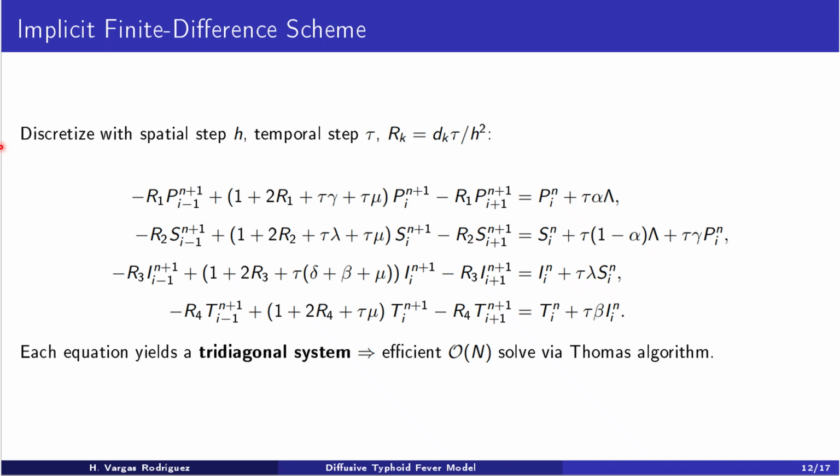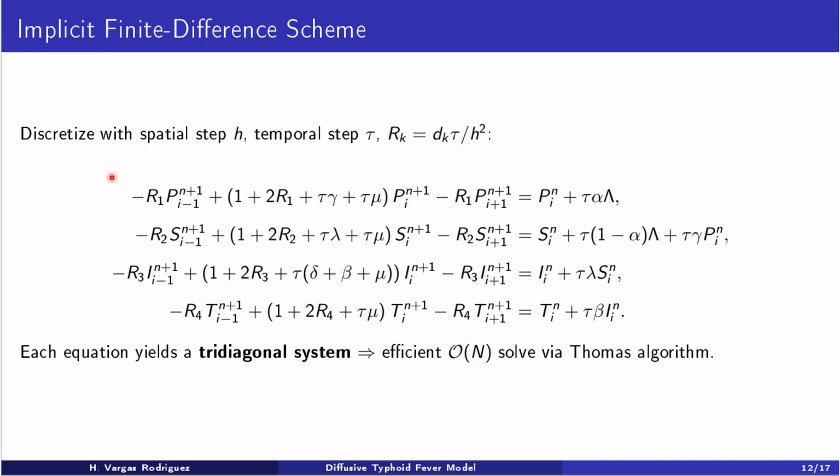To compute approximate solutions of the reaction diffusion system, we develop an implicit finite difference scheme. Here Rk is equal to the diffusion coefficient times tau over h squared, where tau is the time step and h is the spatial step.